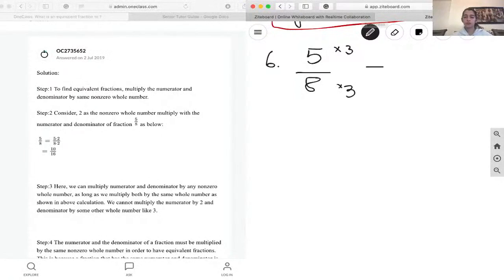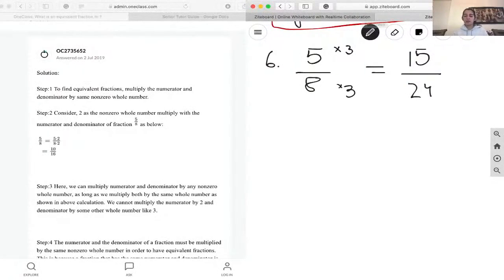So that results in 15 over 24. Sorry, 24. So over here we have this example, 15 over 24.